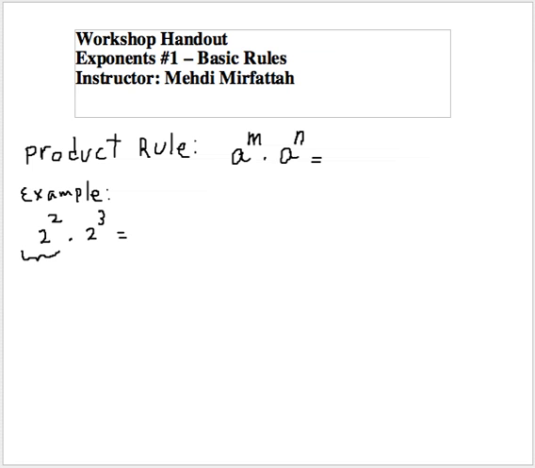Now, Sandra, what does 2 to the power of 2 consist of? How many 2's do we have here? Can you type for me? 2 to the power of 2 means how many 2's do we have? Sandra?